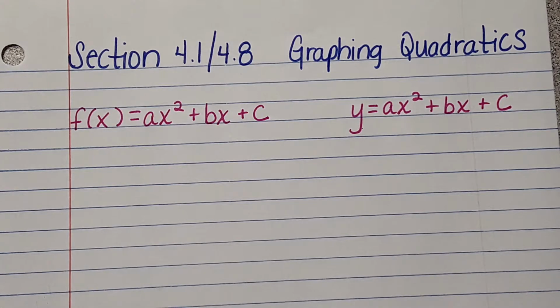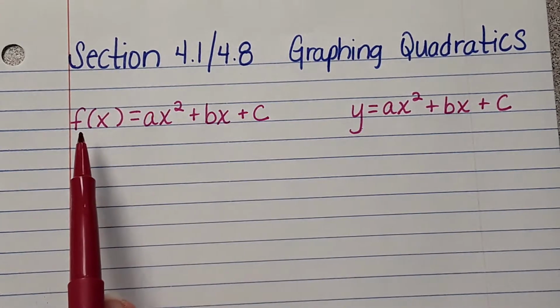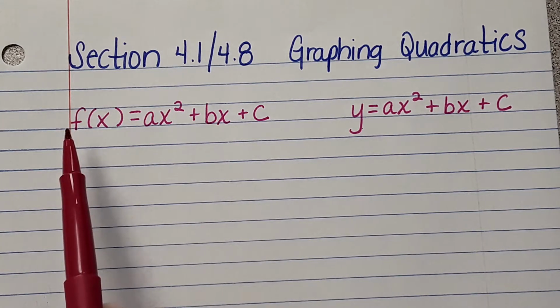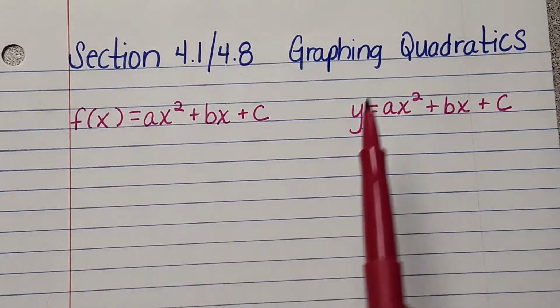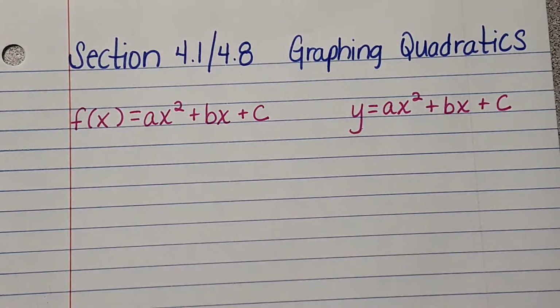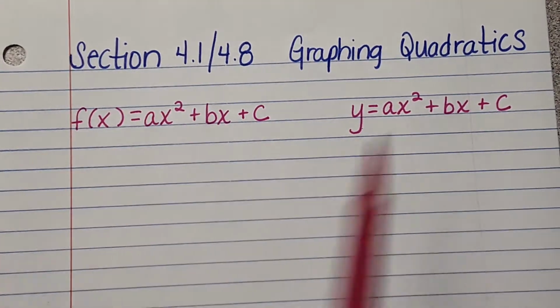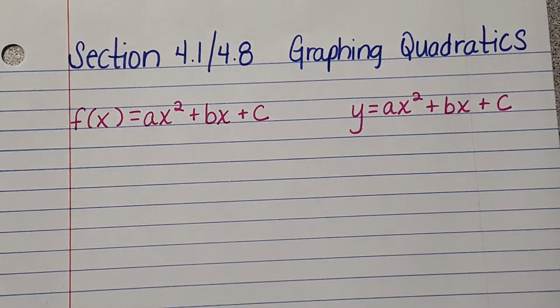They can be any type of number. You guys remember this is function notation, so this can change. You could see f of x, h of x, g of x. It still means the same thing. Or you can see y. They all mean the same thing. We're going to graph it. And if you remember from algebra, when you saw this, your graph was a parabola.